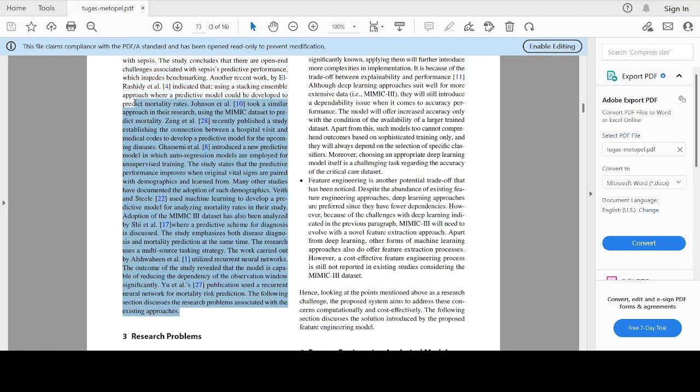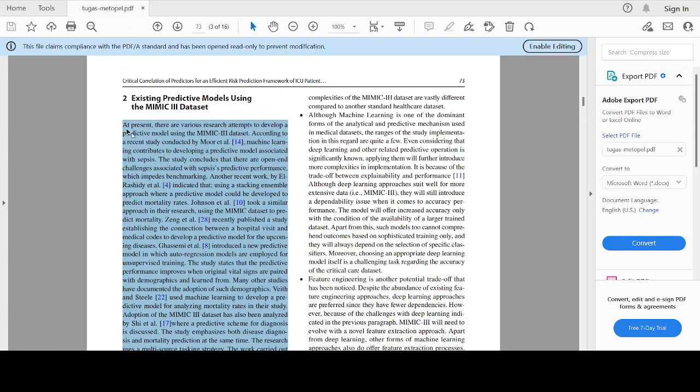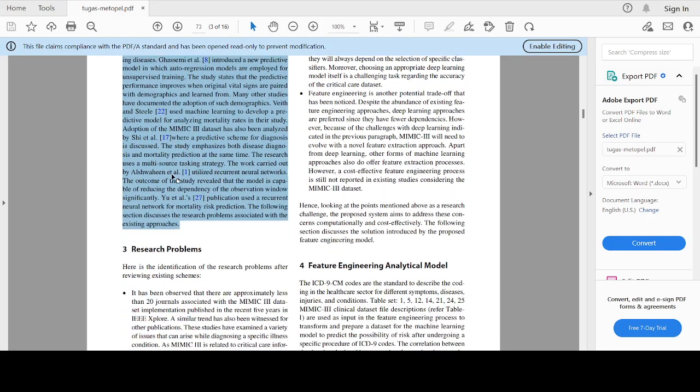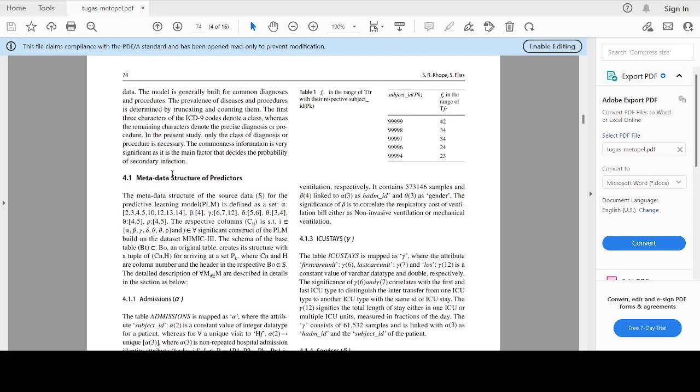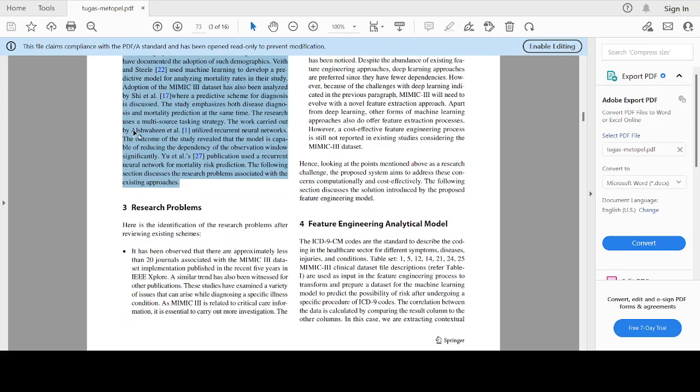But yeah, this is the literature research of existing research on how far the research has achieved based on this paper's description.